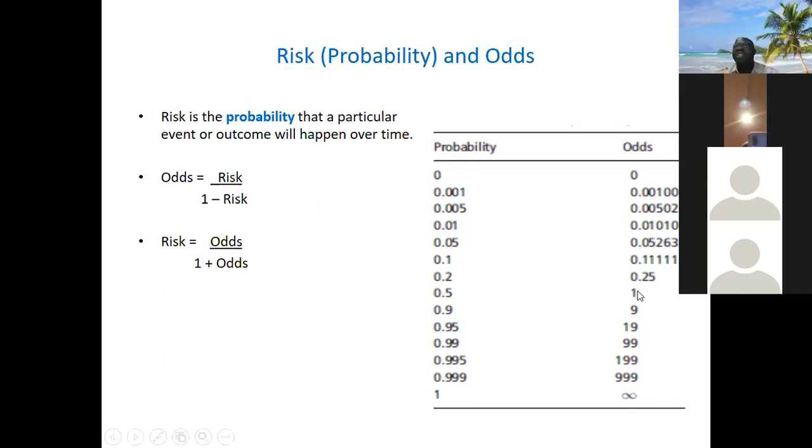So if probability is 0.5, the odds will be 0.5 over 1 minus 0.5, which is 0.5 over 0.5. That is 1. So when probability moves from 0 to halfway, the odds moves from 0 to 1. When the probability moves from 0.5 to 1, the odds moves from 1 to infinity.